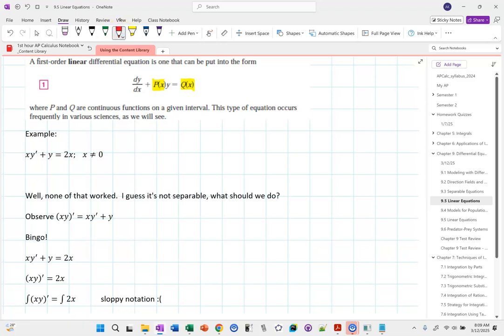So let's look at a specific example. So here is a differential equation. As soon as I see there's addition or subtraction going on and I can't factor it into a multiplication problem, I'm going to think that this is probably a linear differential equation. So I'm going to try to get it into the form above. I need to get the y prime by itself, so I'll start by dividing everything by x.